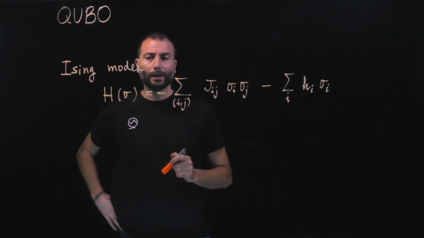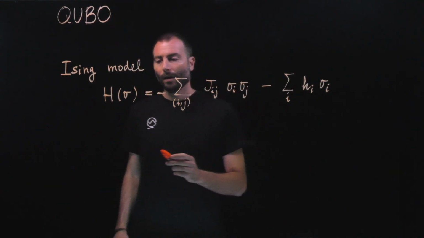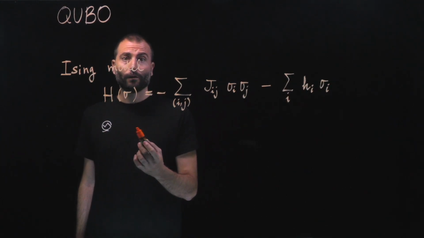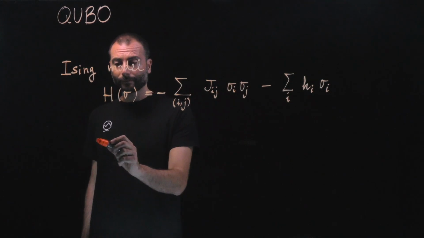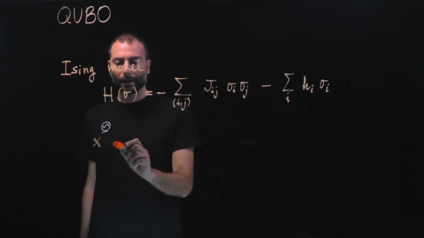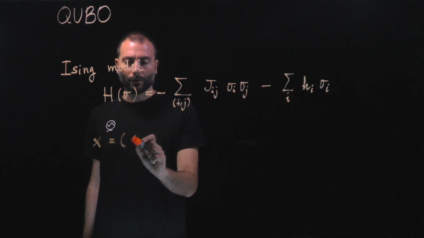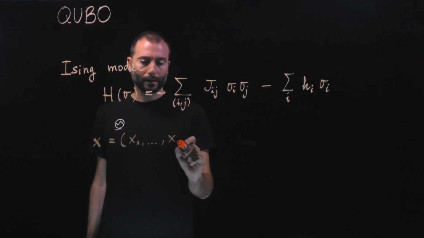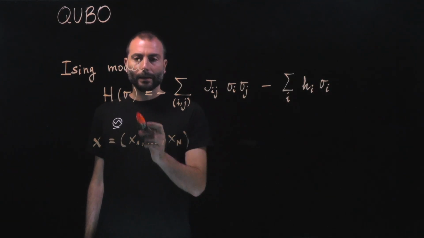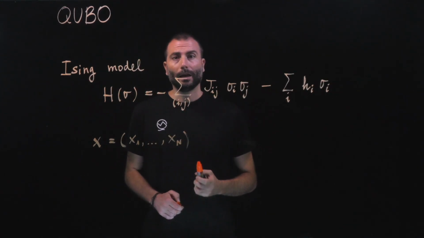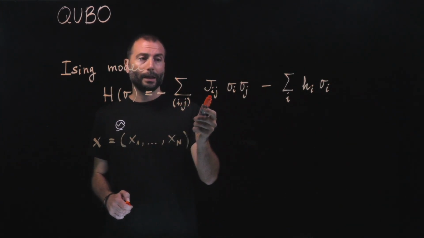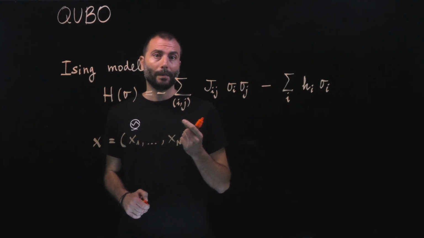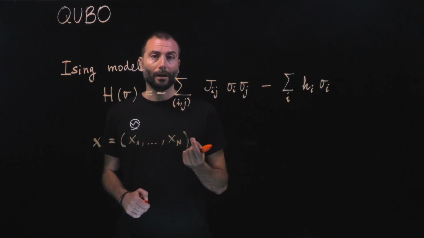The key point here is just to understand that while the QUBO problem is formulated in terms of binary strings, so we had this X composed of elements that were bits, these spin variables are also binary, but they don't take the values 0 and 1, but the values -1 and +1.